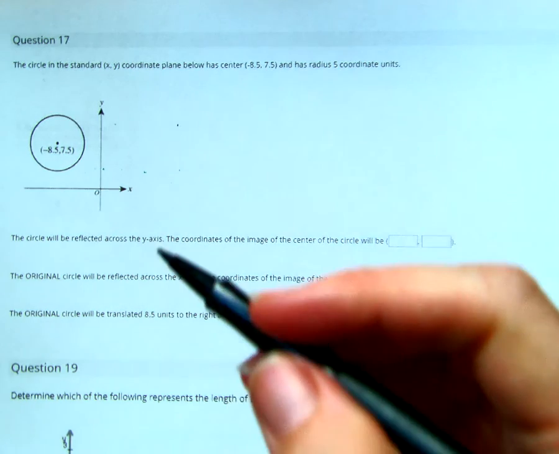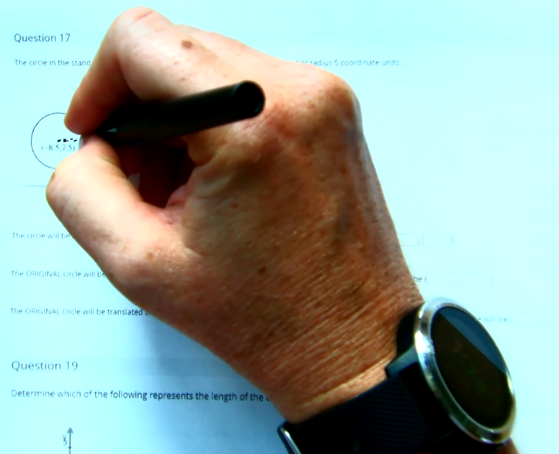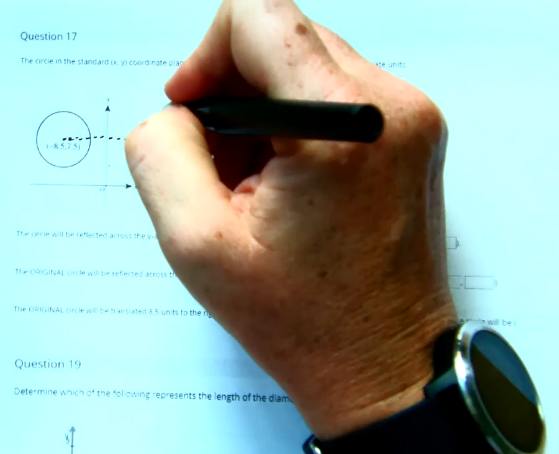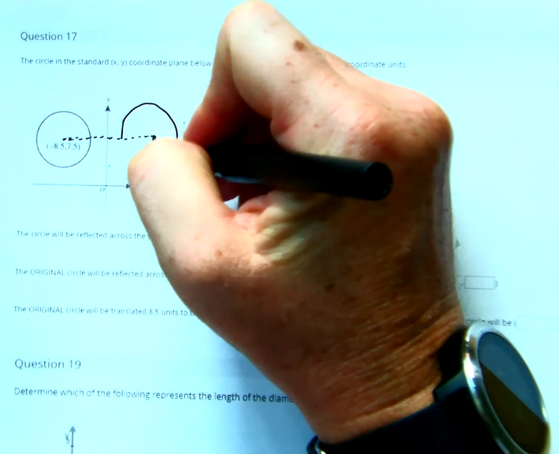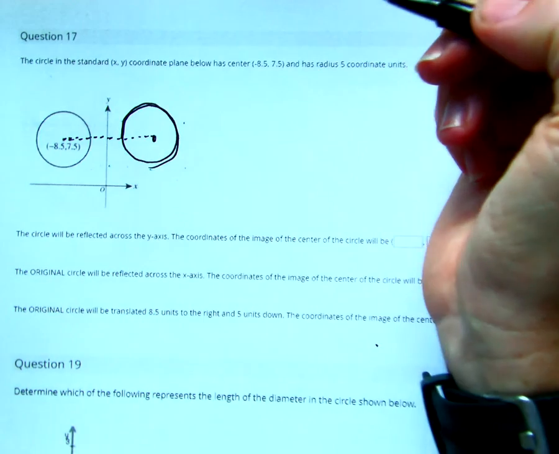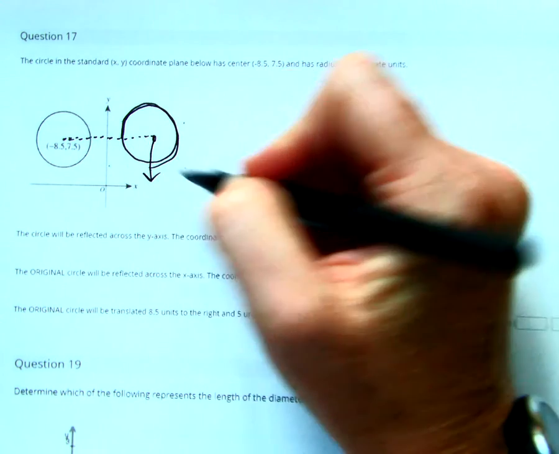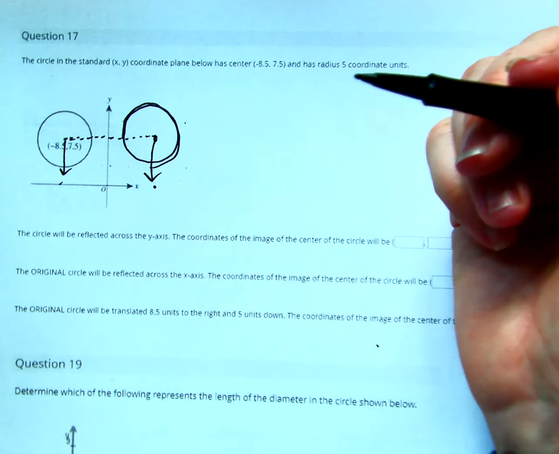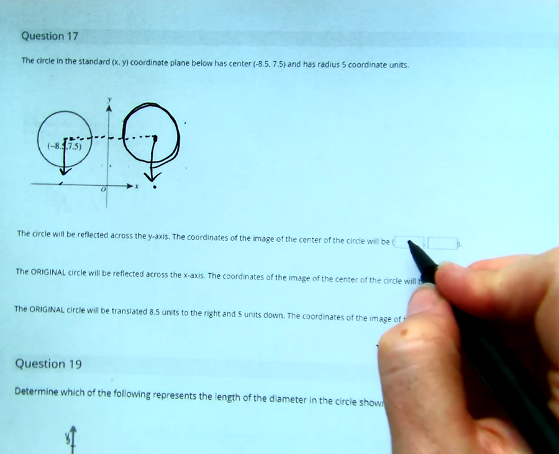So that means it's going to be the same distance, just on the other side. If I reflect this over the y-axis, it's now over here. So the y stays the same. The x, though, is reflected to the positive side.